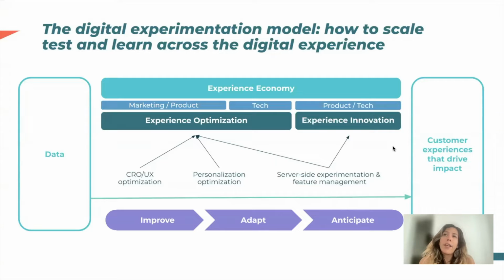And the reason that's there is that there are certain types of experiments that are better done on server side. And by these types of experiments, I mean those that are really, really complex to manage, or because they require some very personal information or data, or because they require heavy coding.